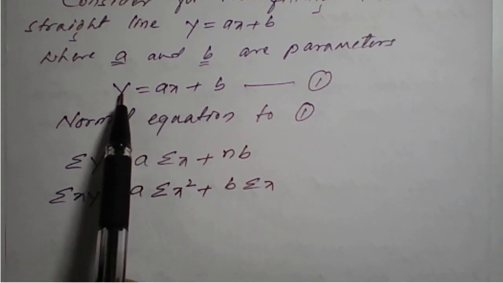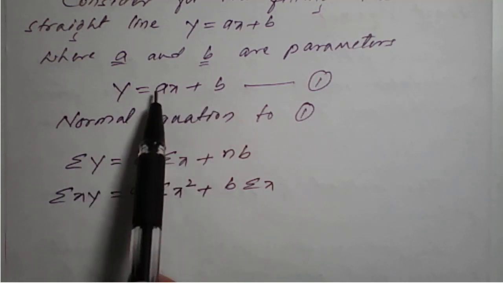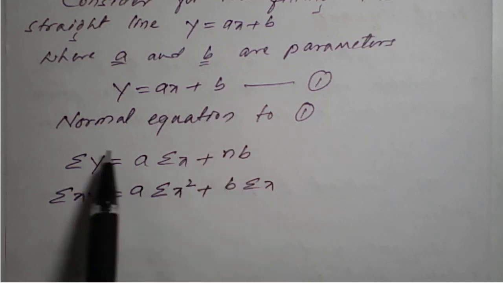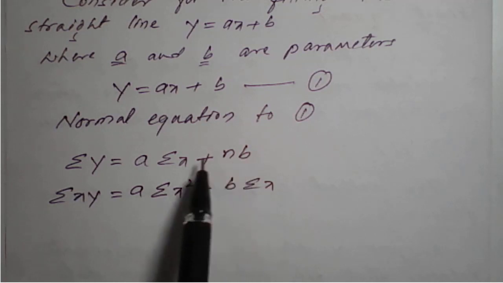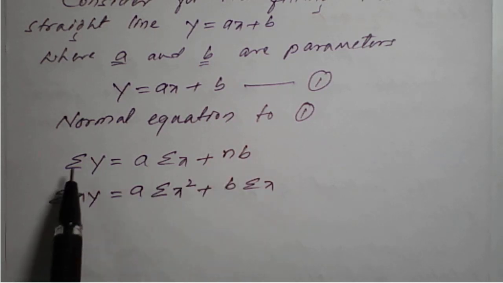So firstly, what we have done, for equation number 1 we have taken summation. So summation y is equal to a into summation x plus purely constant nb. Then for this, again you multiply x. If you multiply x, the second term also gets a variable, so at that time n will not come, so it will become x.